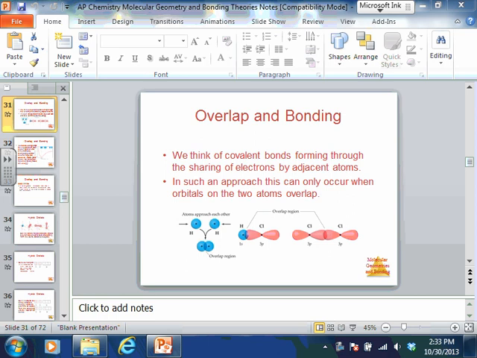This comes from valence shell electron pair repulsion and Lewis structures and all of that. So we're going to learn a different one at the end of this unit that's probably a little more correct than this. There are just some problems with this theory that can't really be solved unless you have a different way of looking at it.